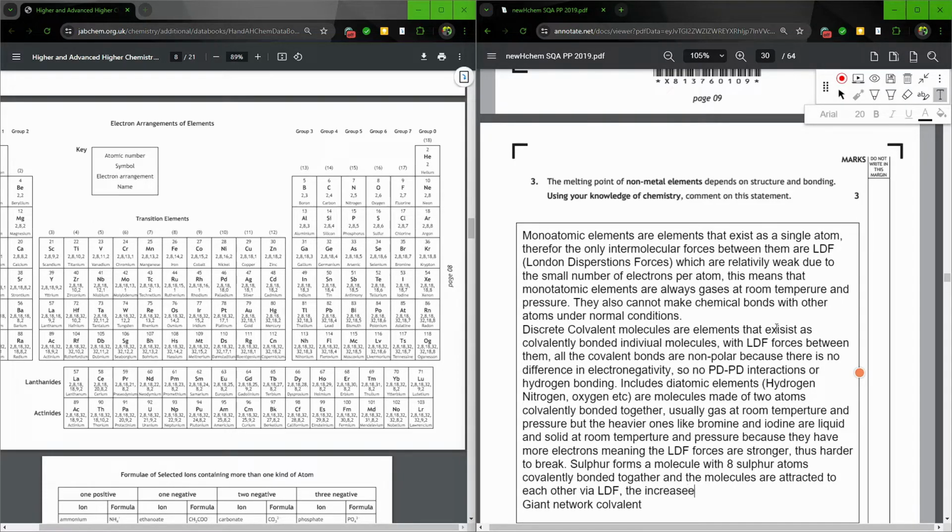The increased number of electrons in each molecule means that sulfur is solid at room temperature. Right, and I'll just go and add in here about phosphorus.